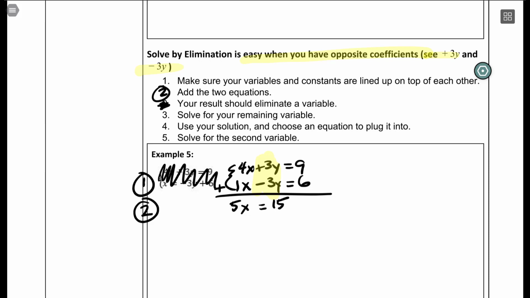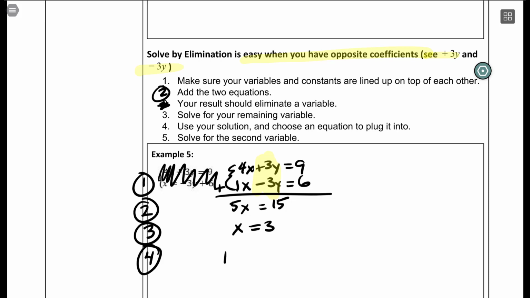Now we're on to step 3, solve for your lone remaining variable because the y's are now eliminated. Dividing both sides by 5, we get x equals 3. Step number 4, use your solution and choose an equation to plug it into. Doesn't matter to me whichever one you want to use. I like the second one because it's just 1x minus 3y.